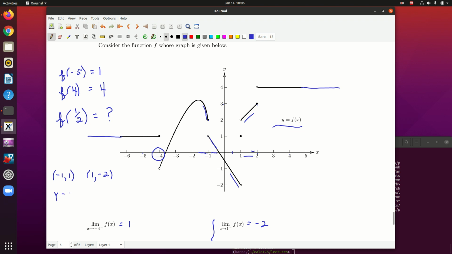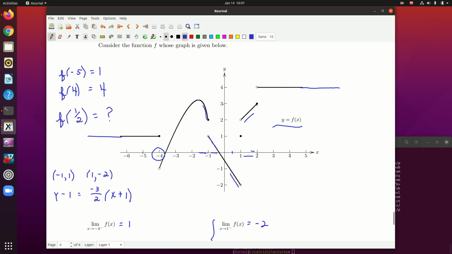Using the point slope form, we'd have y minus 1 is equal to -2 minus 1, so that's -3, over 1 minus -1, so that's 2. Then we're using the point on the left, so it's x plus 1. So that would be the equation of the line for that part of the curve.